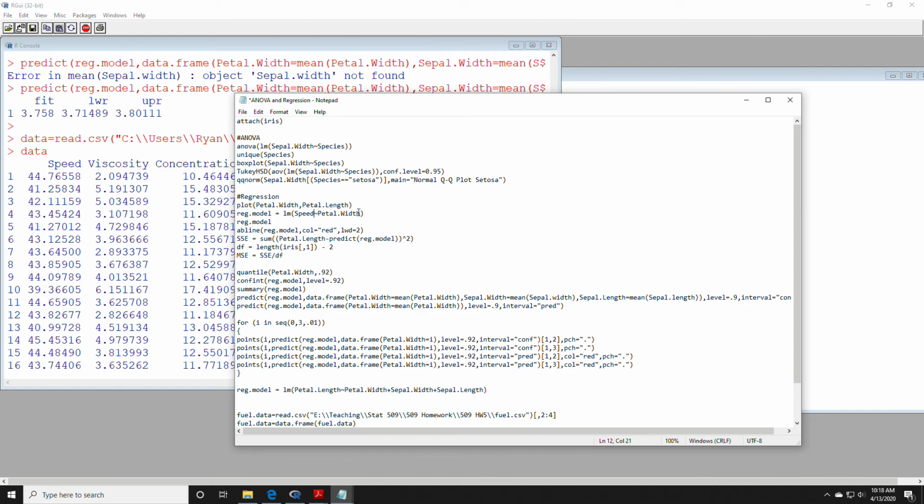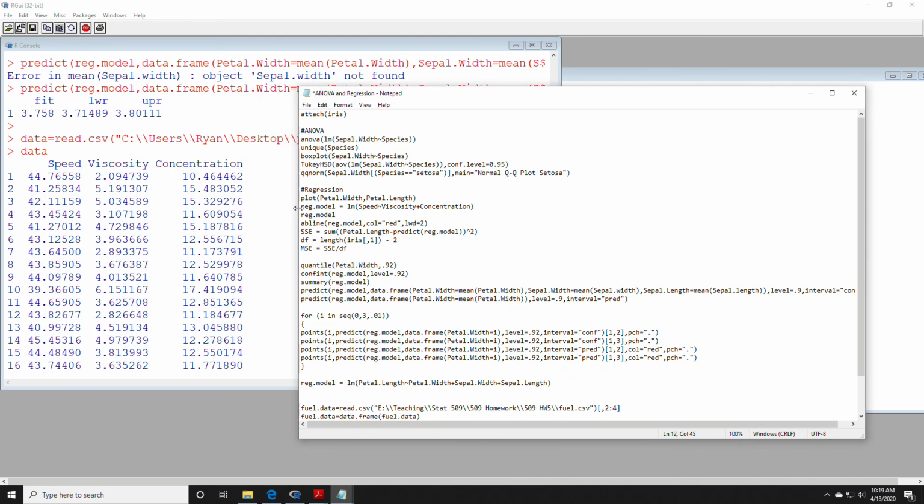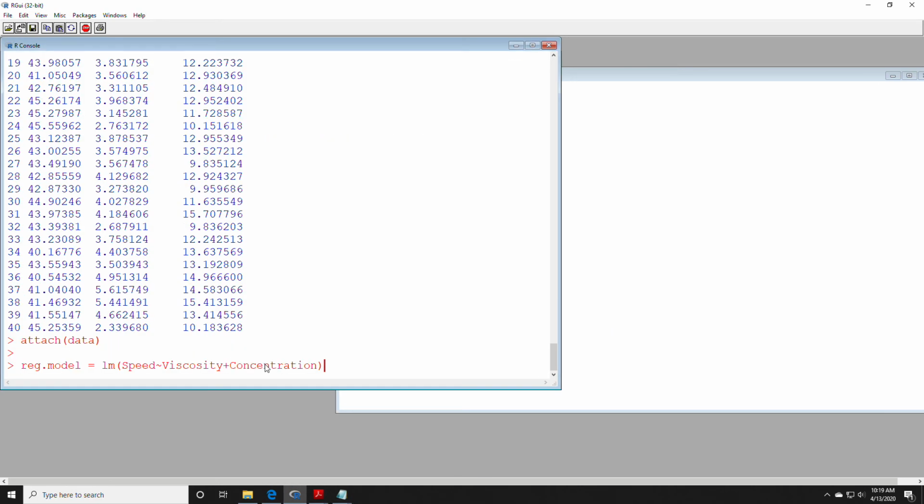Speed is equal to viscosity plus, just separate them by a plus, concentration. So read your data in and modify this reg.model, and this is what should fit that model.